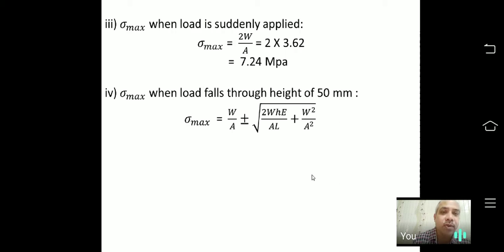Now next we have to find out sigma max due to impact, and that weight falls from 50 millimeter now.